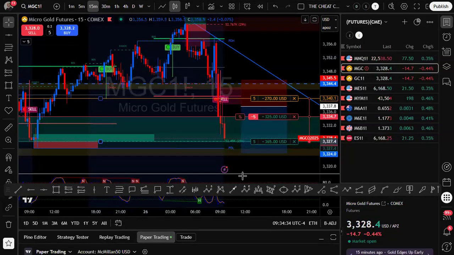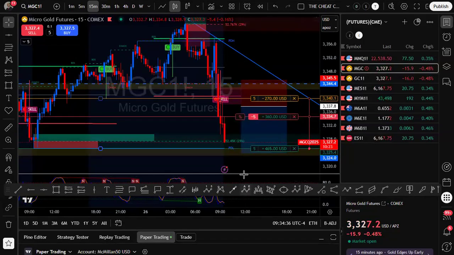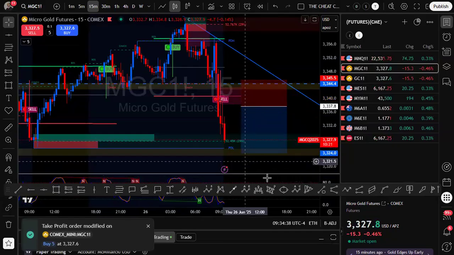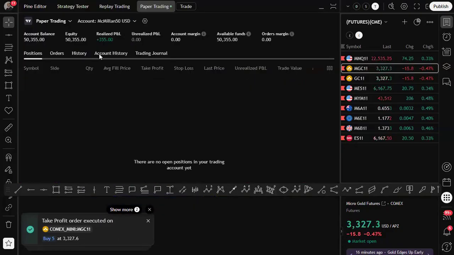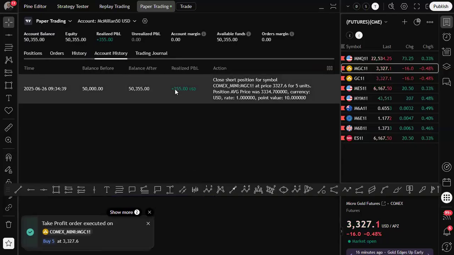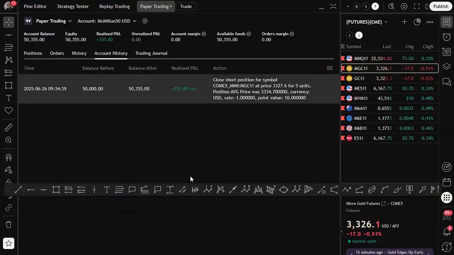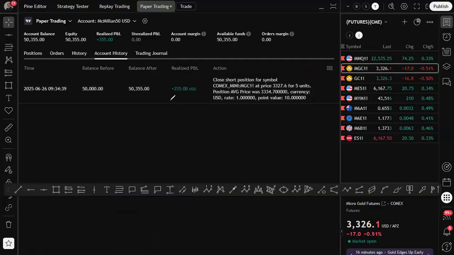For the sake of time, I'm going to pull my stop loss up to here. And there we go, we're out of the trade. So they're going to get all of this down here. So, yep, $355 profit.